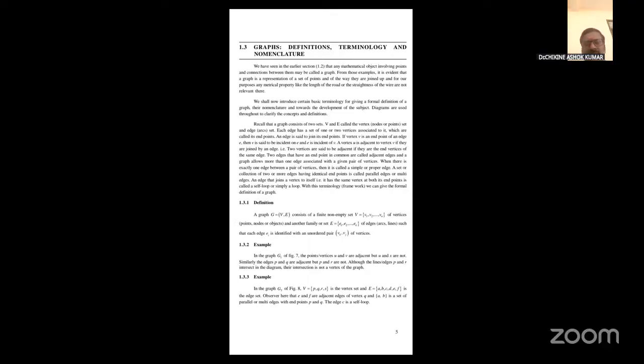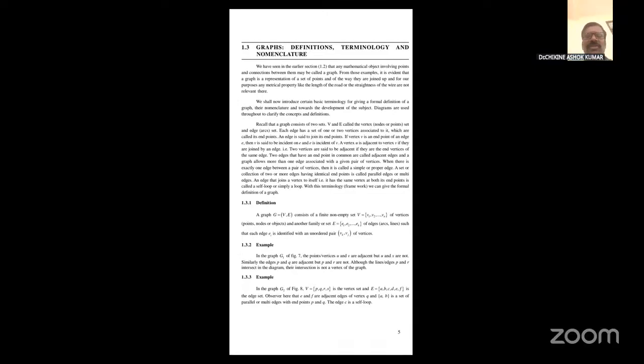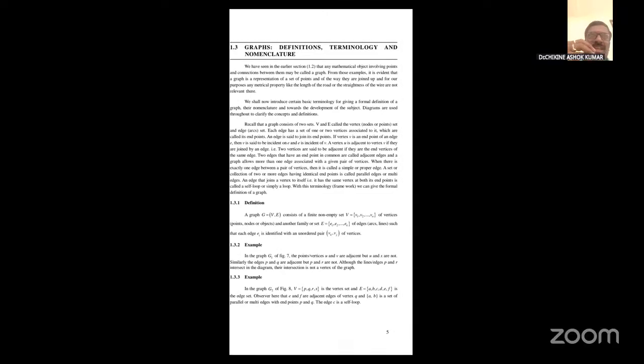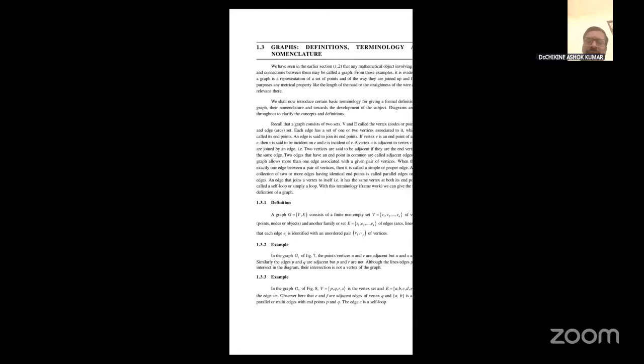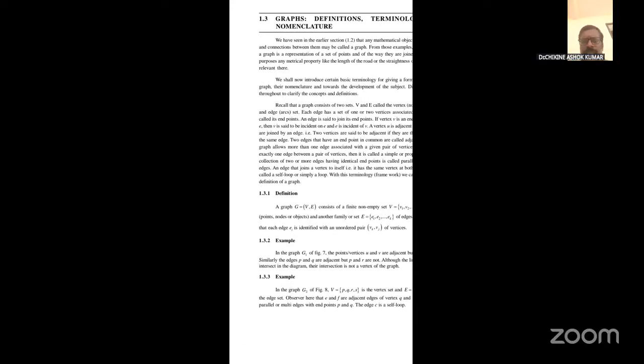Then each edge Ei is identified with an unordered pair Vk, Vj of vertices. This is the general definition of a graph. And I will explain these definitions with diagrams also. Just first listen. Next, coming to the examples.